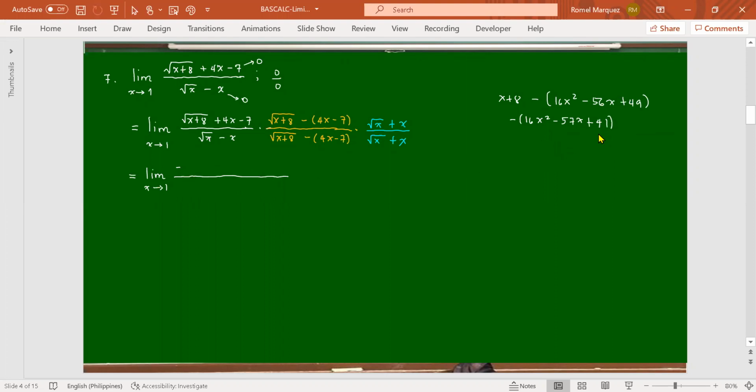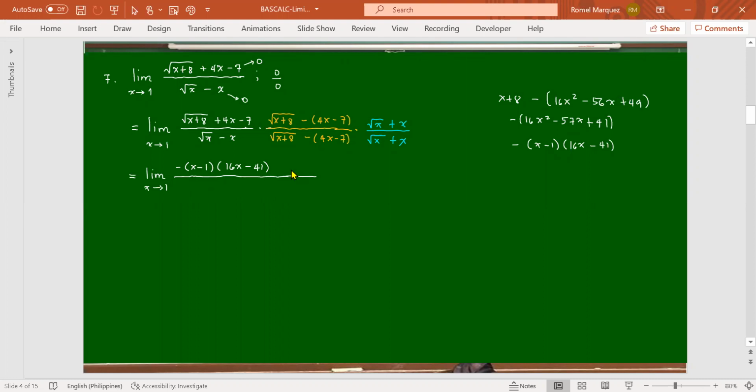Napapactor ba yan? Dapat yan may x minus 1. O x minus 1, 16x minus 41. Papacheck kung tama. Oy guys, tama ba ang factor ko?